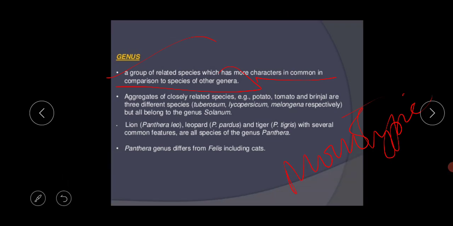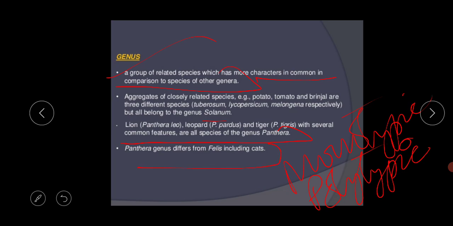When one genus has several species, that's called polytypic. These aggregates of closely related species belong to the genus Solanum. Here also the lion, leopard and tiger with several common features are all species of the genus Panthera.